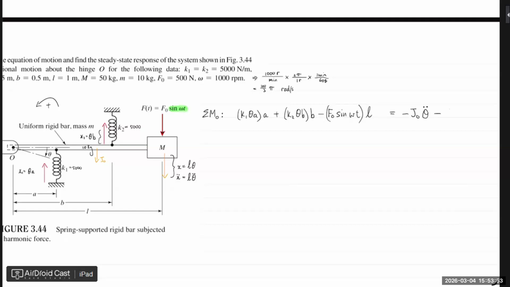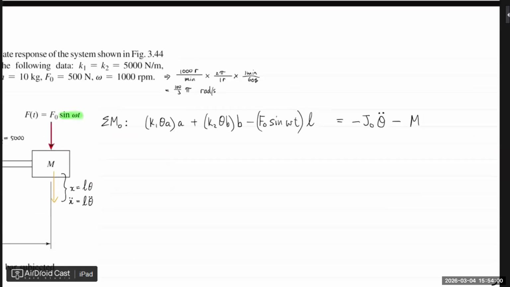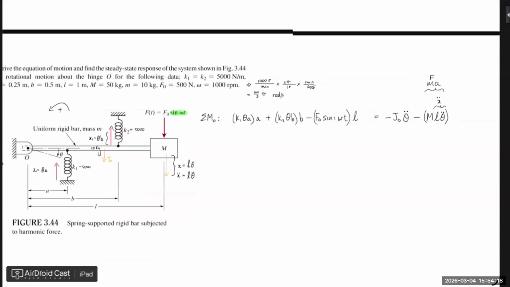So the force is m x double dot, but the x double dot is L theta double dot. Just to show what I'm doing here, this is like x double dot, because this whole thing is like MA. It's just a force, but that force needs to be multiplied with the length.